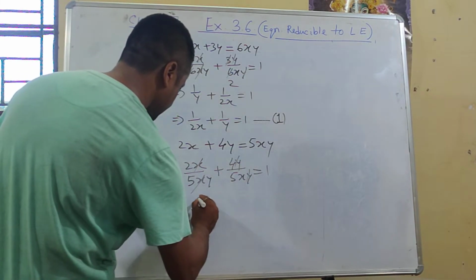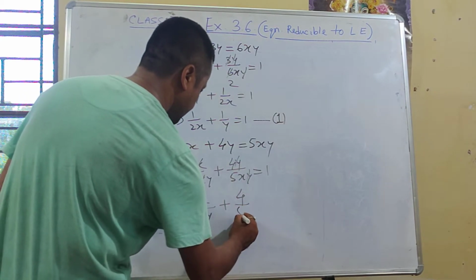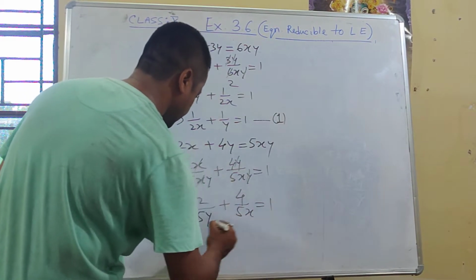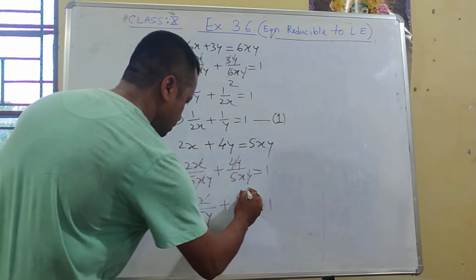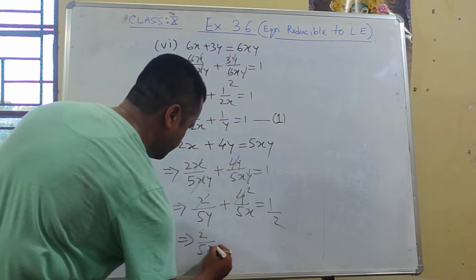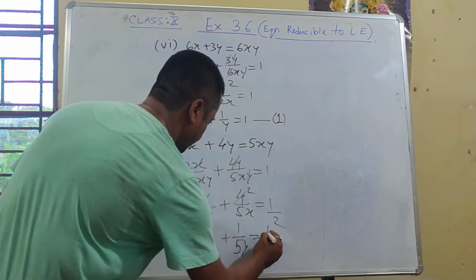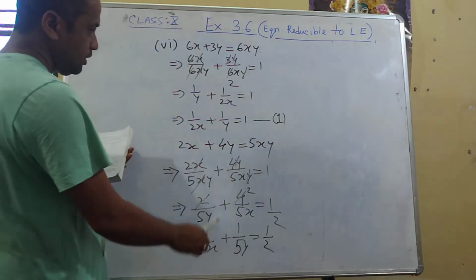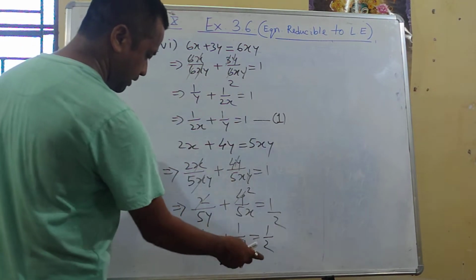So this implies 2 divided by 5y plus 4 divided by 5x is equal to 1. More simplified, 2 by 5x plus 1 by 5y is equal to half. So these are two linear equations in 1 by x and 1 by y.